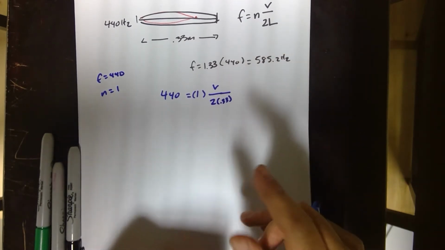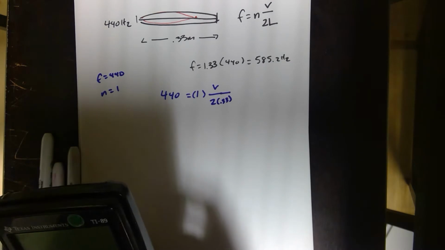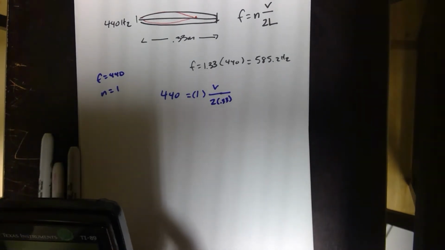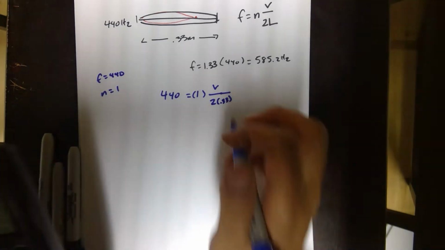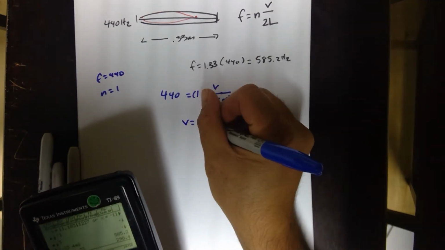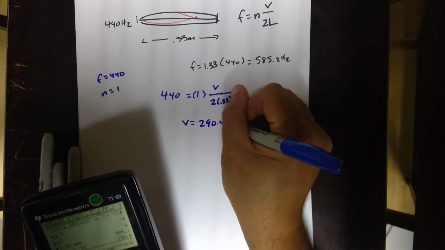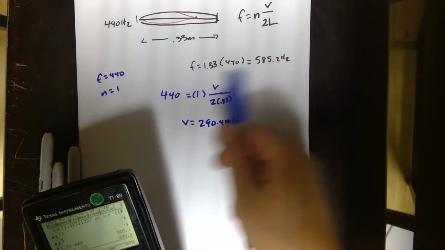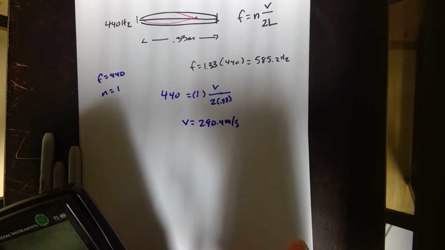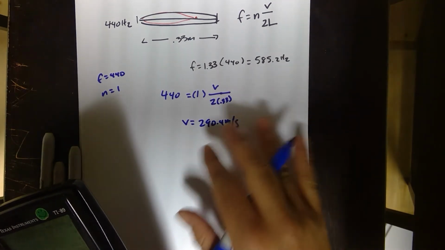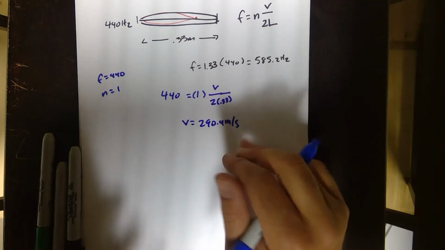So, got a little bit of math to do here. But if we just take 440, multiply it by 2, and also multiply it by 0.33, we should get that the wave speed along the string is 290.4 meters per second. So the waves actually go pretty fast back and forth through that string there. And we're going to assume that that's constant because that's a property of that particular string itself.